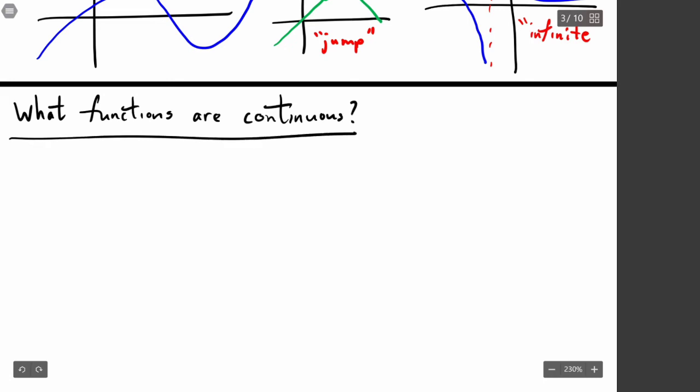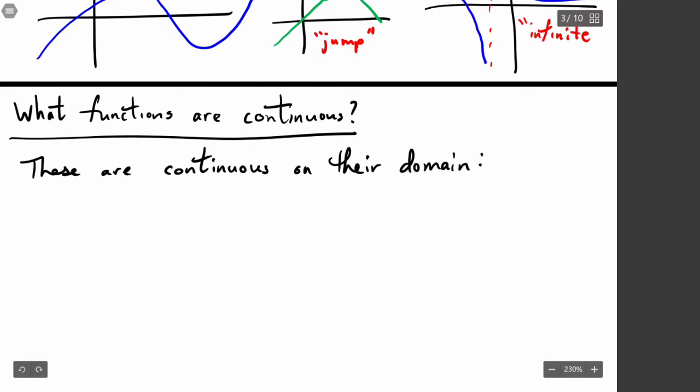Well, the following are continuous on their domain. So that means on every piece of the domain the function has, even if it has some asymptotes, on the individual pieces that it's defined on, it'll be continuous there.